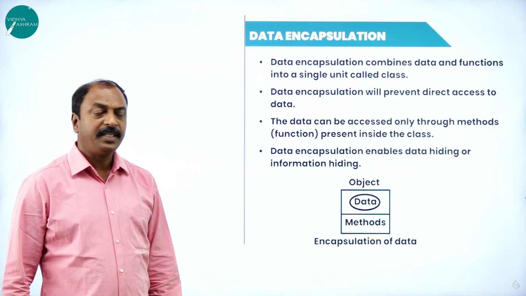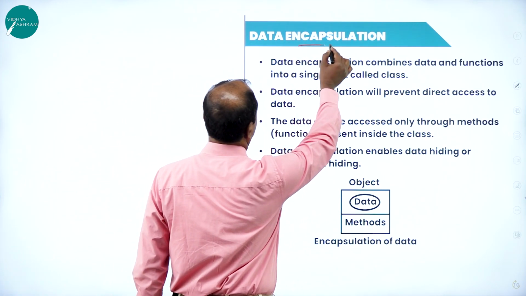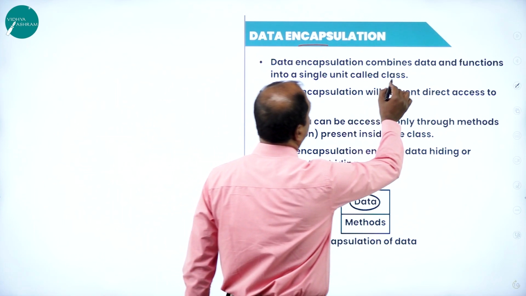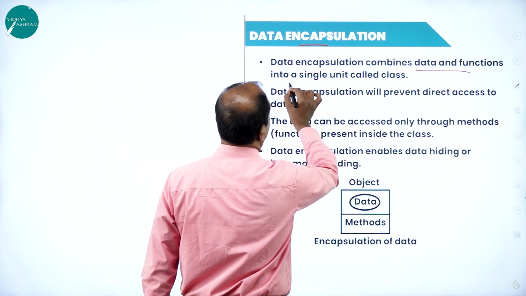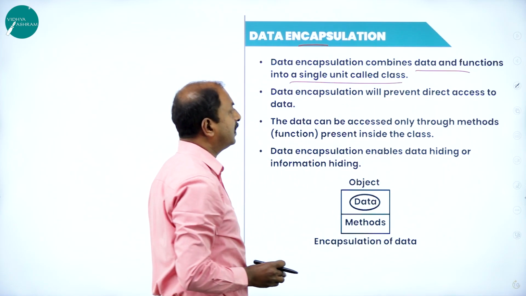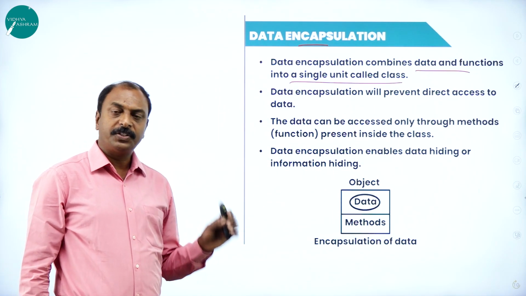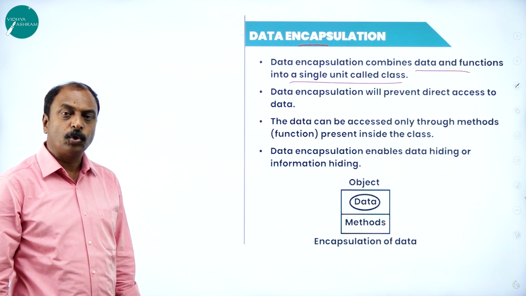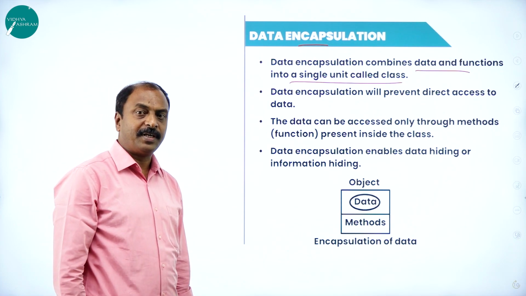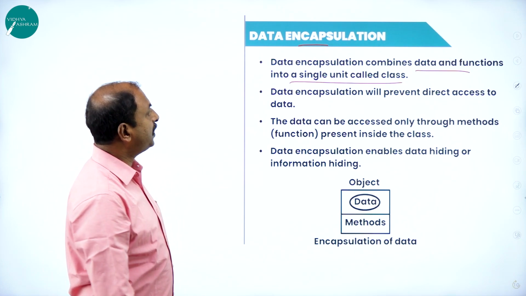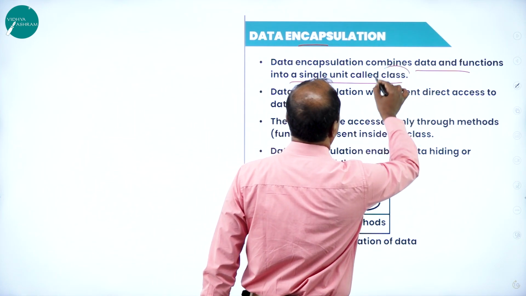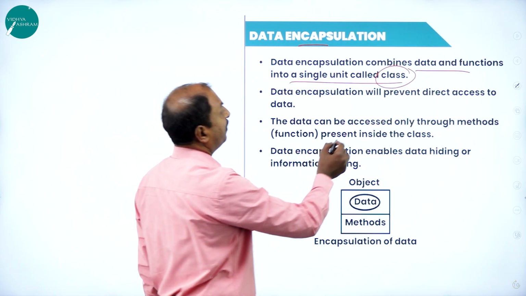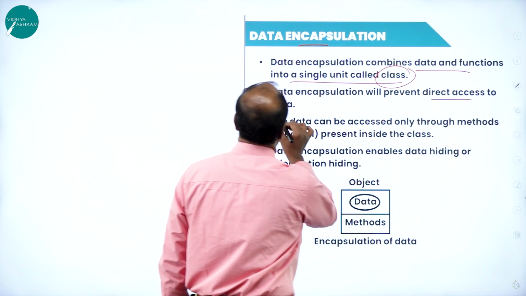Now let us move on to the next slide. The next definition is data encapsulation. So what is data encapsulation? It combines data and functions into a single unit called a class. What you have seen in the previous slide, the definition of a class, is a group of objects of similar behavior and characteristics. So class is an example for encapsulation. Here it prevents direct access to data.